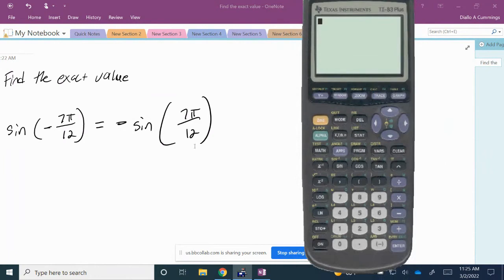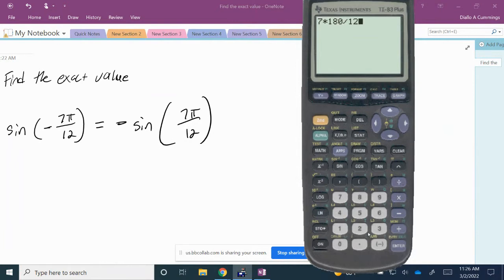So I'm simply going to convert 7 pi over 12 radians to degrees, and then we'll use the unit circle. From the unit circle, we can pull out the angle measures that we need. To convert 7 pi over 12 radians to a degree measure, I'm going to multiply 7 times pi, and pi radians as a degree is equal to 180 degrees.